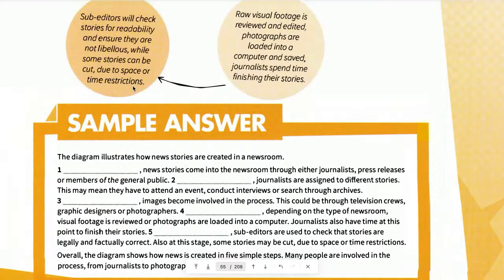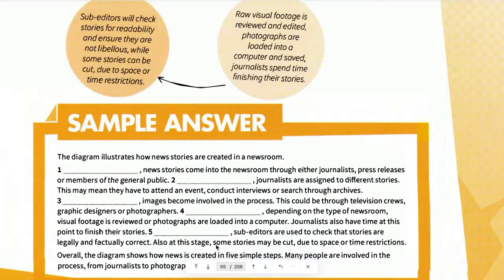Okay? Yeah, good. Because you learned a lot of new words today. That's good. And then legally and factually correct means not libelous. Both of them mean not libelous. Stories are legally and factually correct means it's not libelous. Make sure that they are not libelous, right?